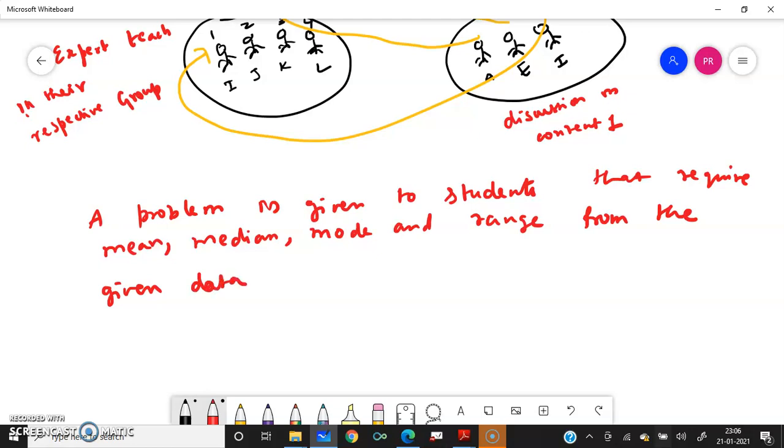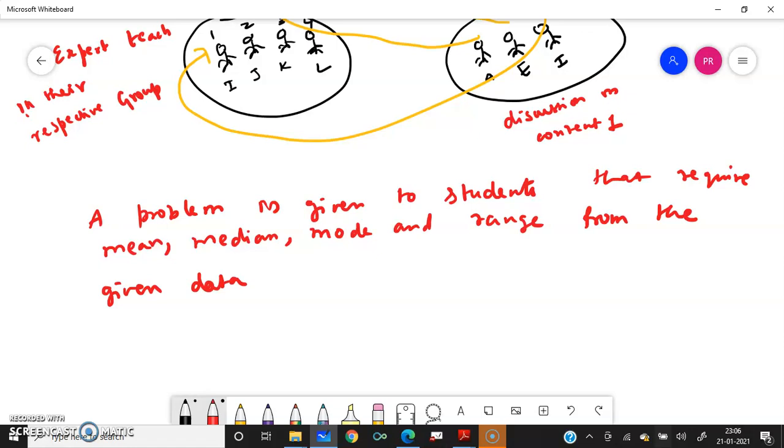What they do is solve the problem that requires finding mean, median, mode, and range from the given data. This is my learning objective.